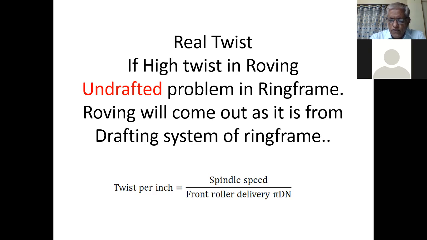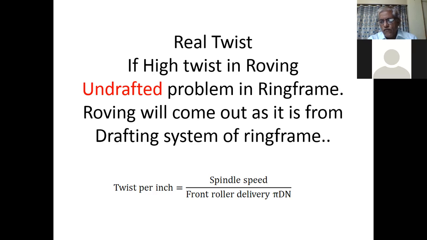So with the revolution of the spindle, the material gets twisted in the zone between the front roller nip and flyer top. In this zone, the material gets twisted and roving is formed, which is wound on the bobbin.